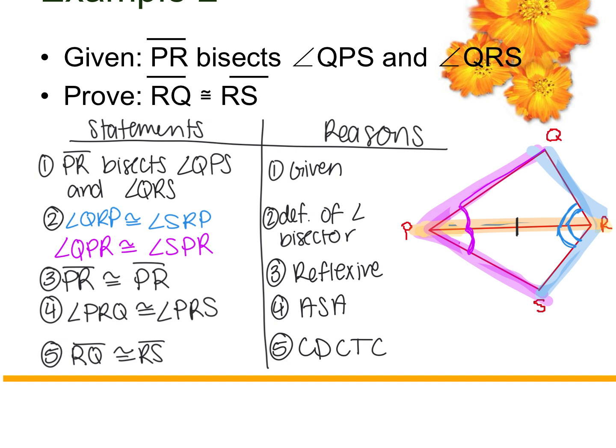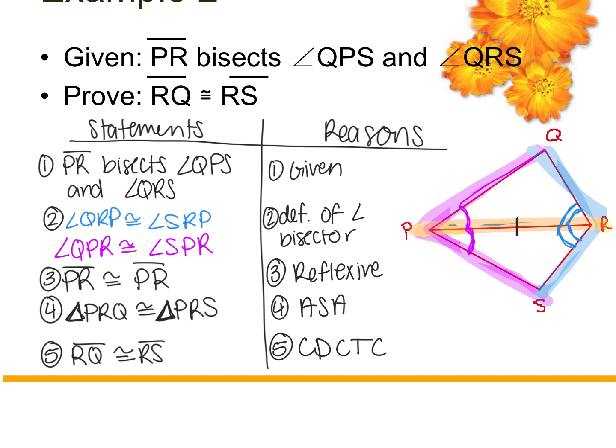Oh, I'm sorry. Thank you. Yes, I messed up. These should be the triangle symbols, not the angles. So make these triangles, because your triangles are going to be congruent by angle, side, angle. So you need to state that your triangles are congruent, and then whatever they're asking you for is going to be congruent.